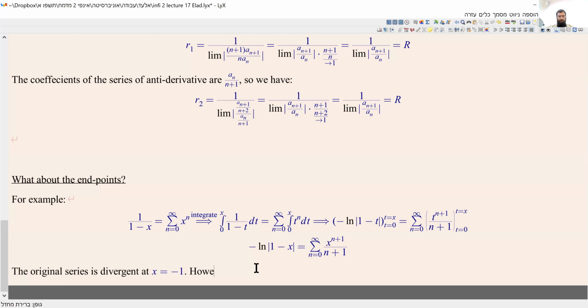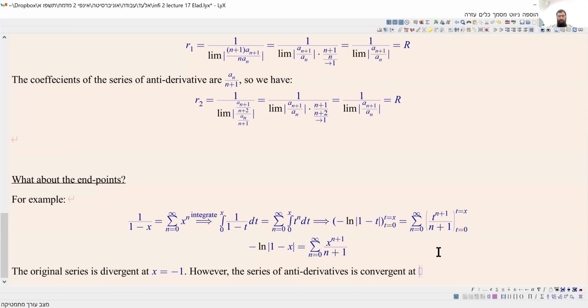However, the series of antiderivatives is convergent at x is -1.